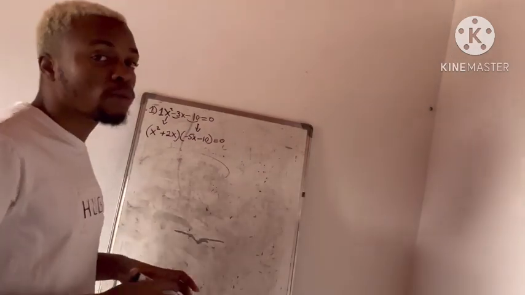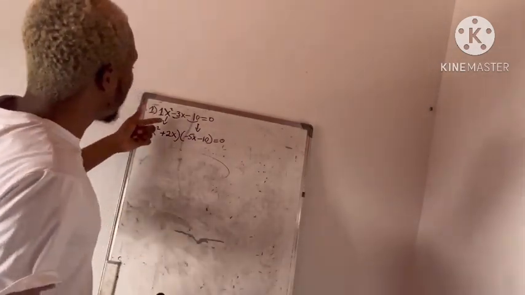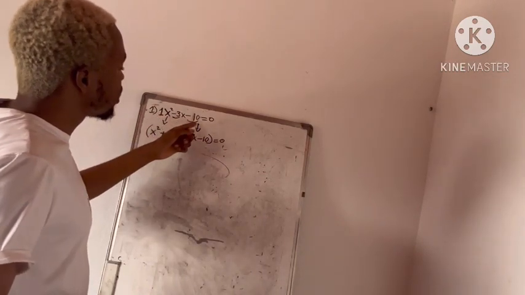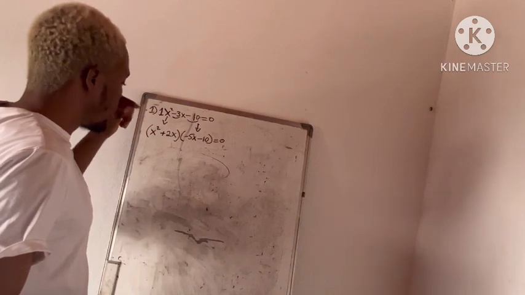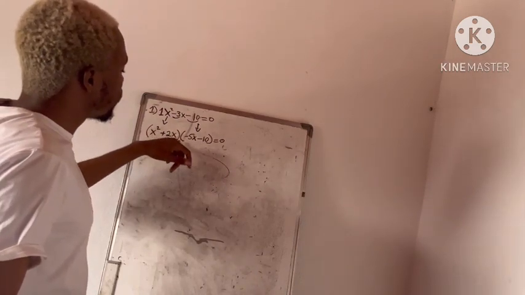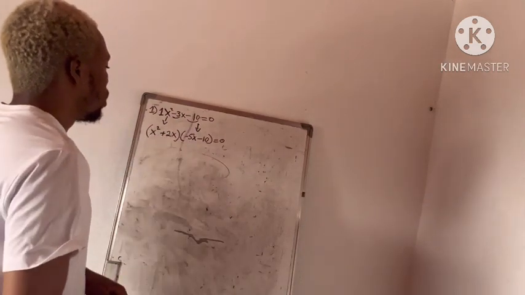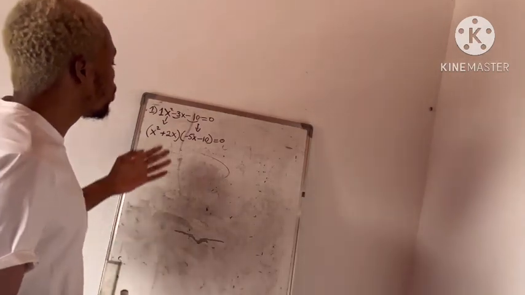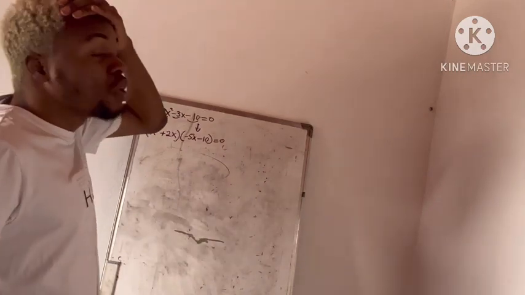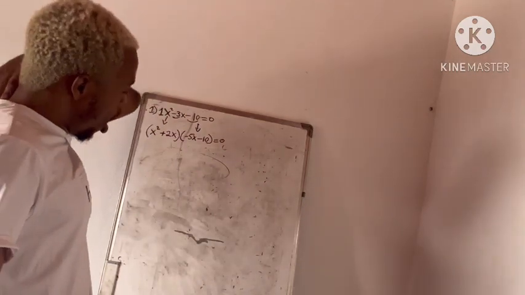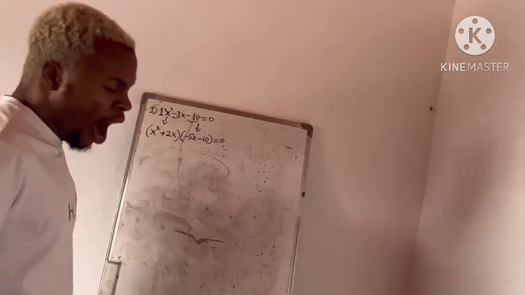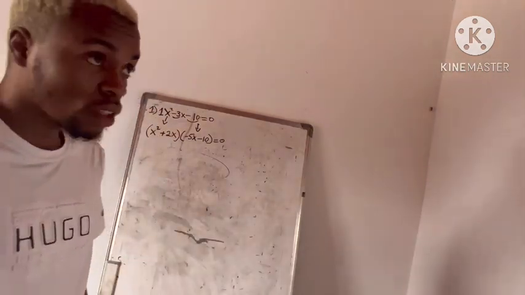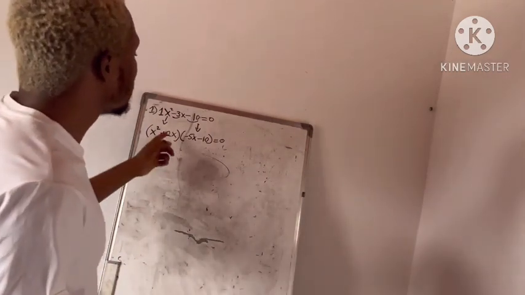So you can see from here we have maintained x squared, and we have maintained the last, which is minus 10. Now these are the values here, 2 and minus 5. So you always add x at the end of it.